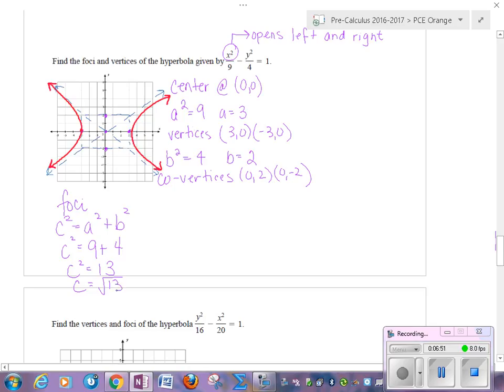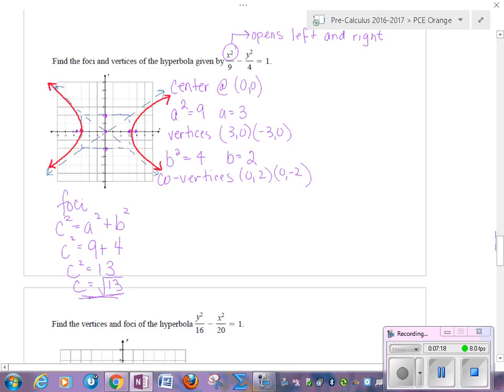Now, the square root of 13 is approximately about 3.5. So if we were to plot the foci, you would just go out 3.5, just past your vertex values. But if I want to actually give the coordinates of my foci, I need to make sure that I am using that exact value of the square root of 13.